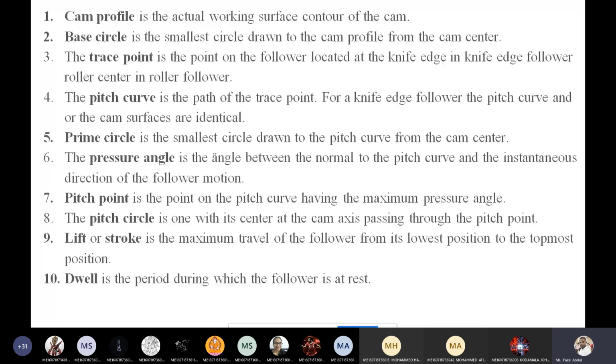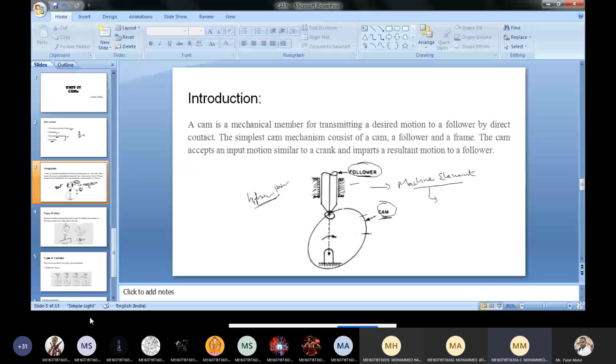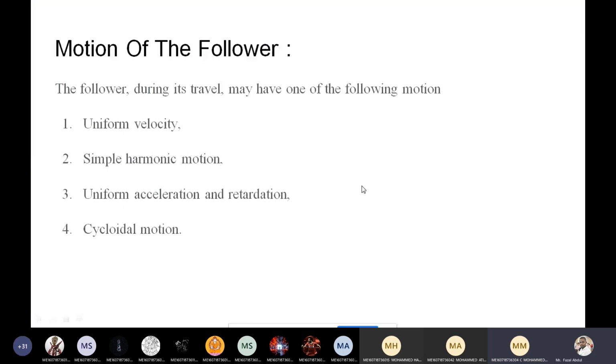Now, motion of the follower. We can find four categories of follower motion. The follower during the travel may have one of the following motions: uniform velocity, simple harmonic motion, uniform acceleration and retardation, and cycloidal motion.